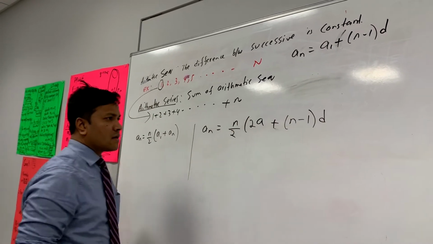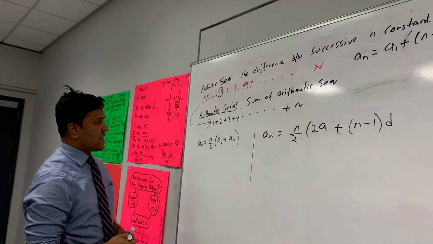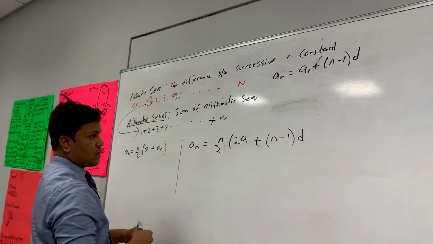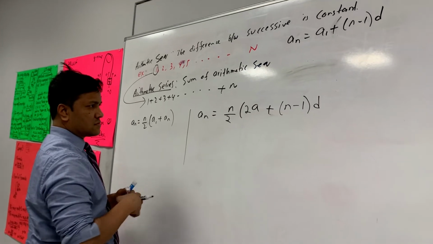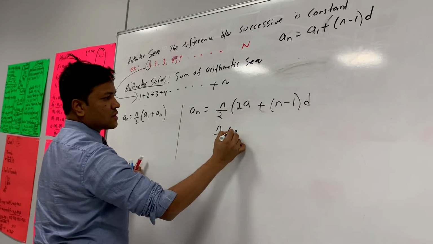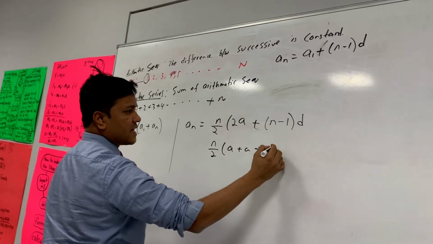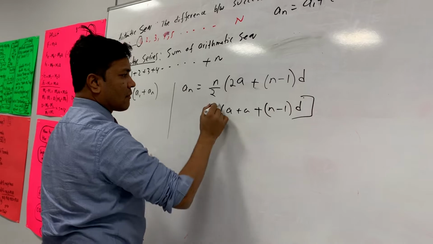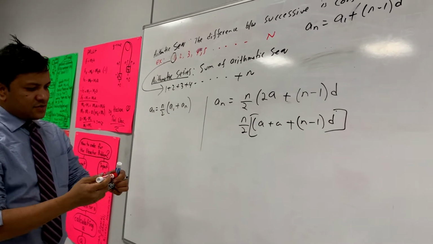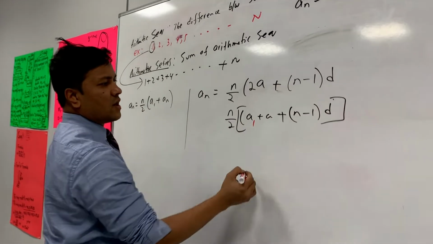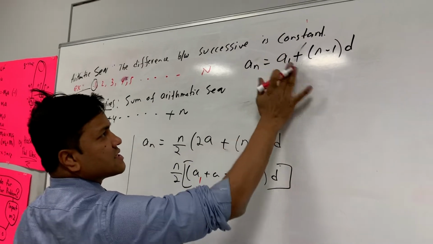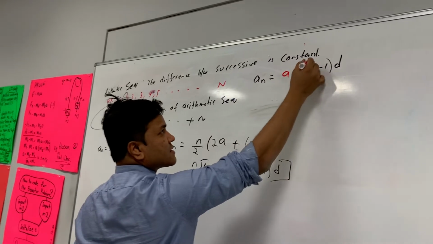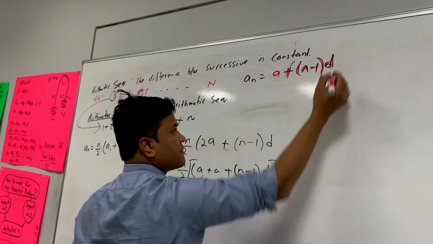But let's make this one obvious, look like this one. So you have n over 2 times (a plus (n minus 1) times d), as you see that. So as you see over here, this is a1, or I'm gonna just call it a, plus (n minus 1) d.